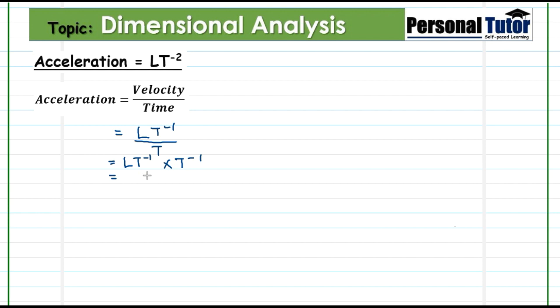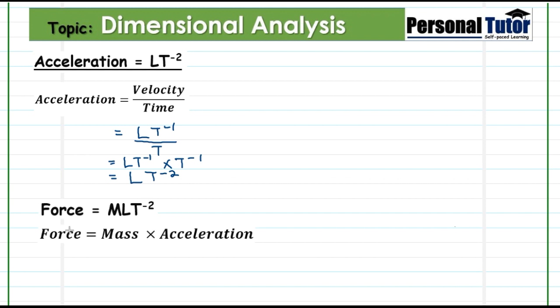Per the rules of indices, this T and T have the same base and are multiplying, so the exponents are added. That will amount to negative 1 plus negative 1, giving negative 2. That is why acceleration has LT exponent negative 2 as its dimensional equation.